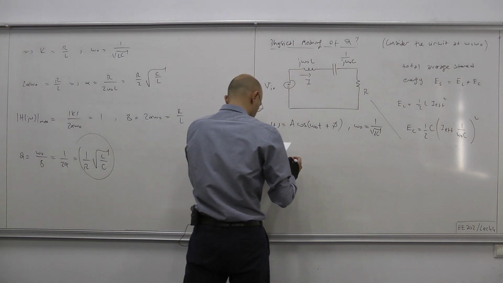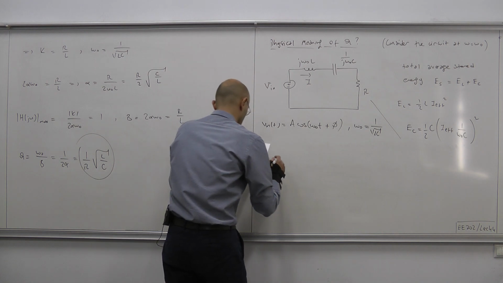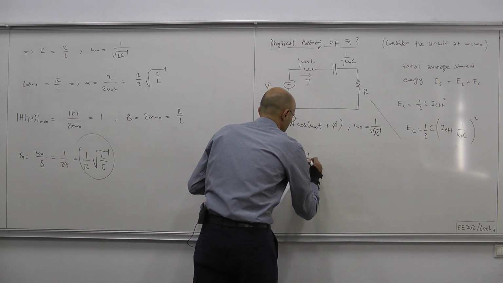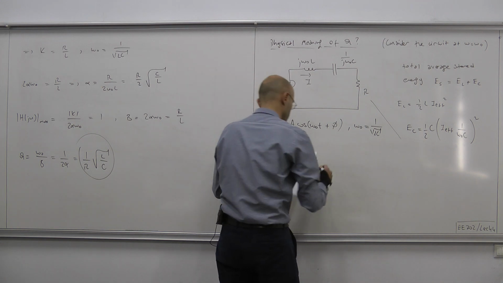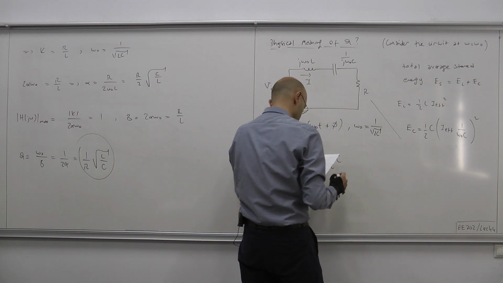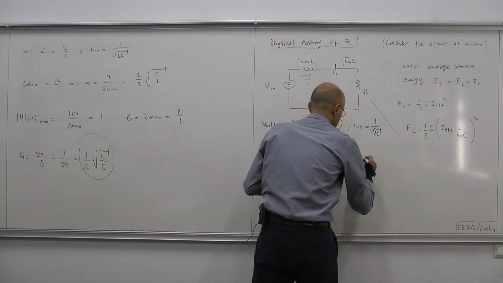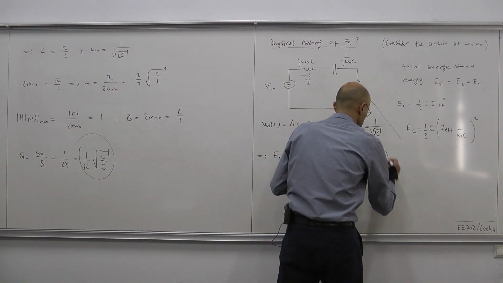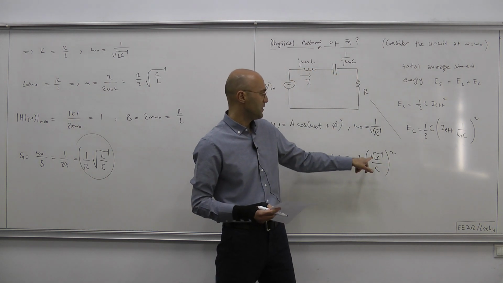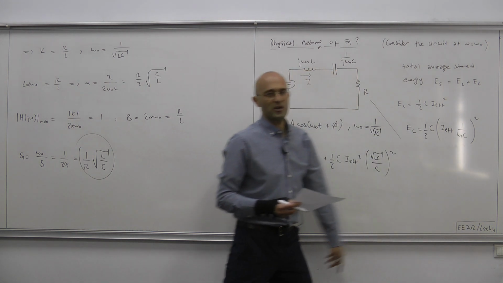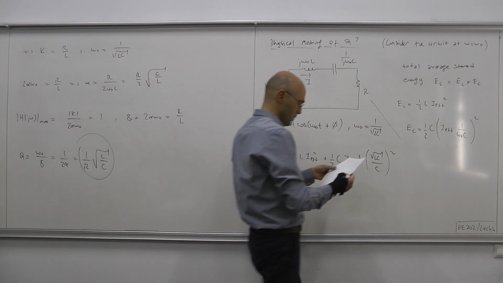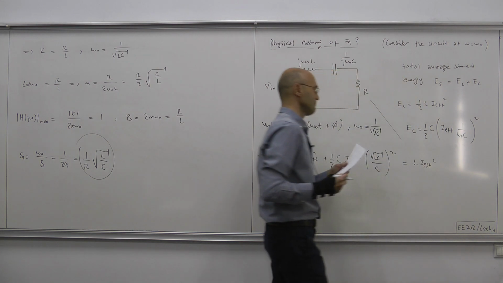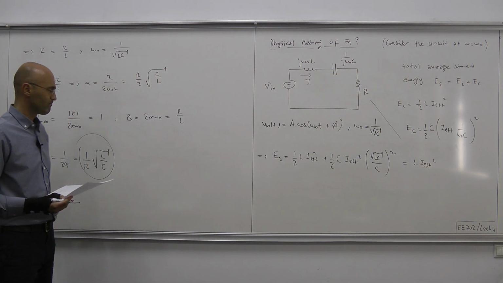So ES, the total stored energy, equals 1/2 L I effective squared plus 1/2 C I effective squared times LC over C squared. This is coming from the omega 0 in the denominator, and that equals L I effective squared. So that's the stored energy.